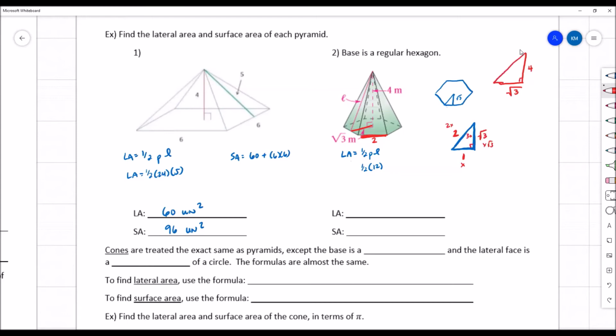So we'll do 4 squared plus radical 3 squared equals our slant height squared. 16 plus 3, and so our slant height squared is 19. That means our slant height is the square root of 19.